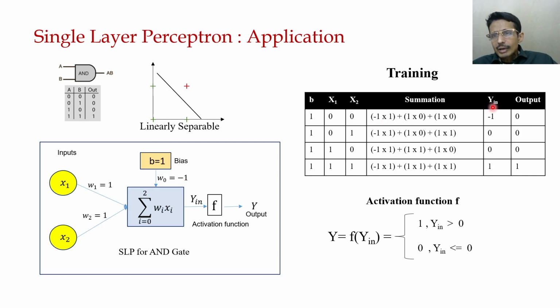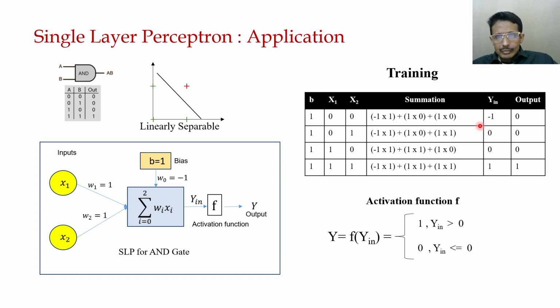So ultimately the output is minus 1. Now, if we use this activation function, yn greater than or equal to 0 is 1, and less than or equal to 0 is 0. So the output is 0, because it is less than 1.